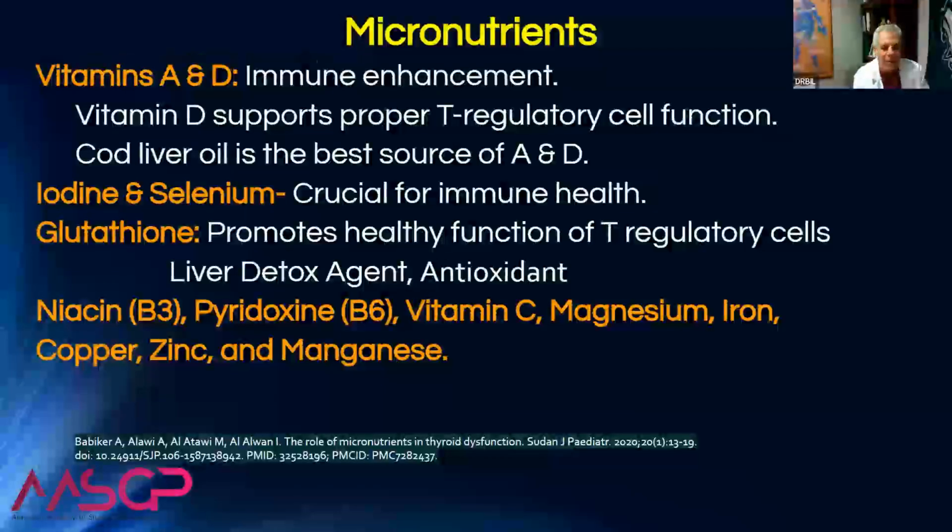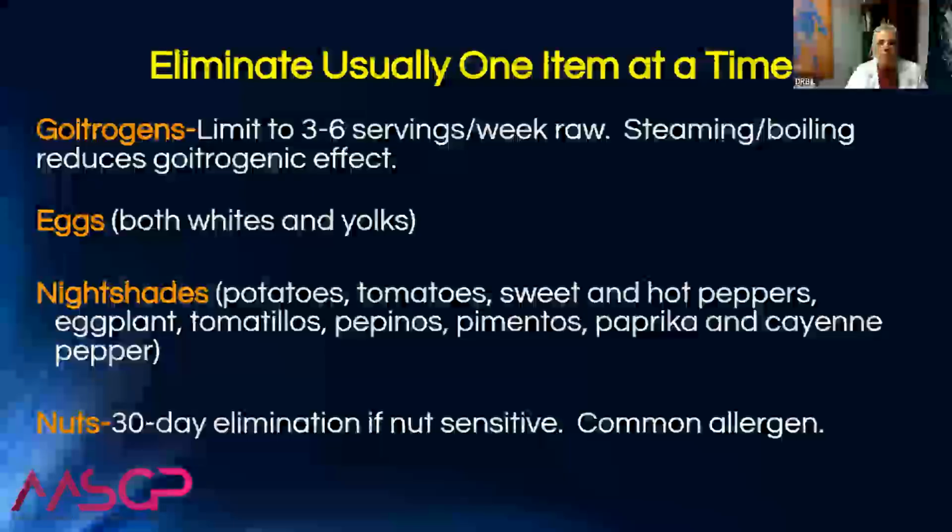Iodine and selenium help convert the T4 to the T3. Glutathione is a liver detox agent, and it helps promote healthy T regulatory cells. And B vitamins 3 and 6, vitamin C, magnesium, iron, copper. These are all nutrients that will aid the thyroid in functioning properly.